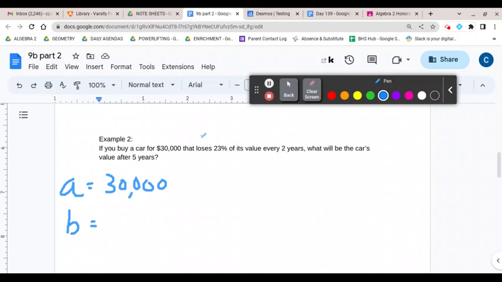So let's start with, if we lose 23%, we know that's going to be 1 minus 0.23. And we lose that value every 2 years. And so what's going to happen is we're going to raise that to the 1/2 power.